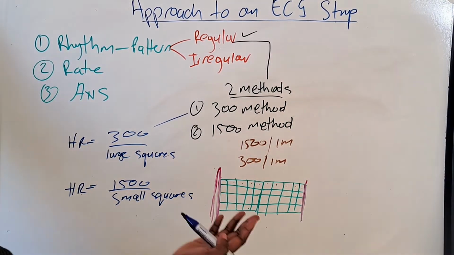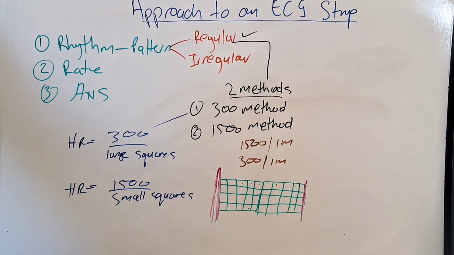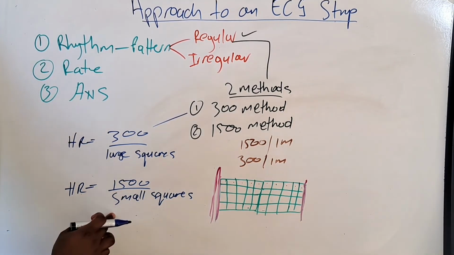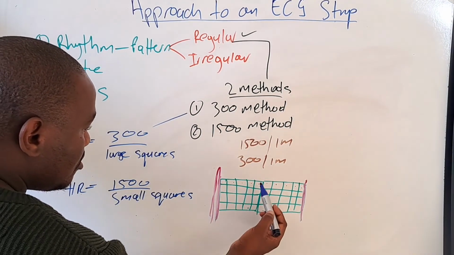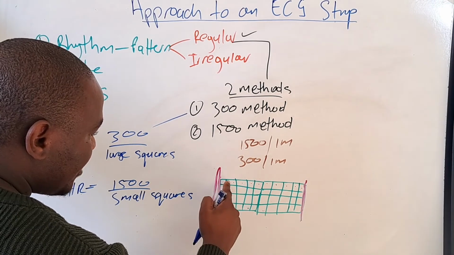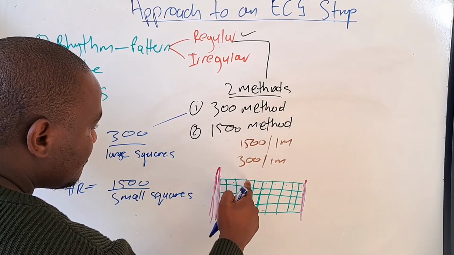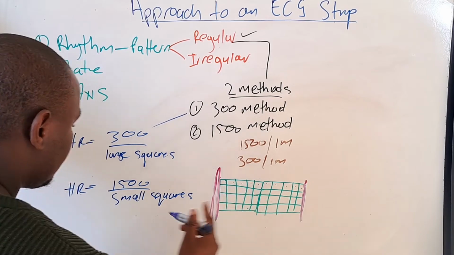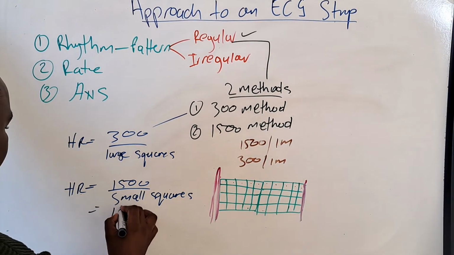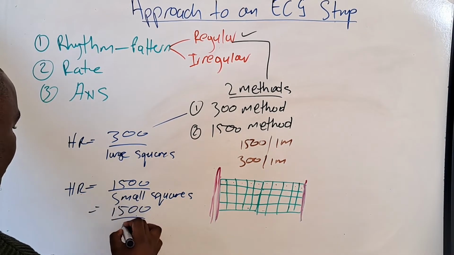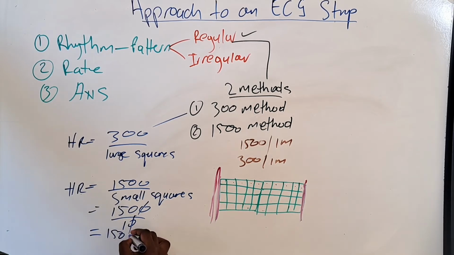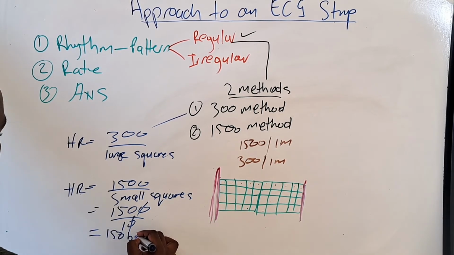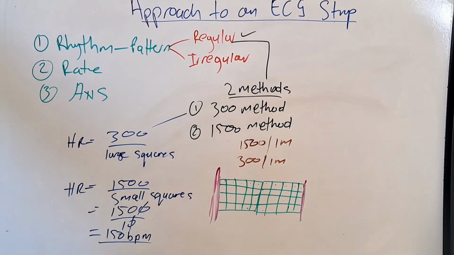But now I'm just trying to demonstrate. This is the method that I like. It's a solid line. So this is 5, then 10. So here we're going to say 1500 divided by 10. If you cancel out the zeros, that's about 150 beats per minute.